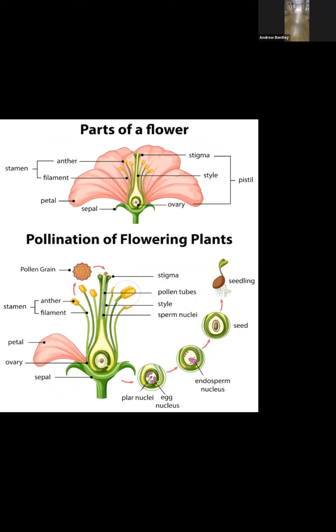But you can't see it as easily in this because it's like a split in half type of flower. But you'll notice that down below the flower, you've got the sepal. The sepals are a series of little leaves that grow around the base of the flower.